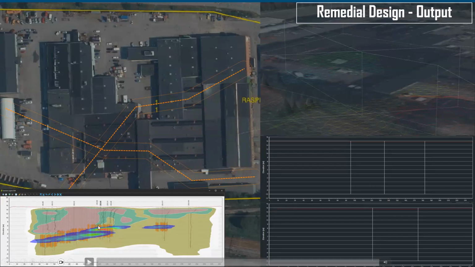And here you can clearly see through the EC data that the groundwater contamination starts at about 10 meters below ground level. You can see the presence of a clay formation deepening from east to west, and the plume following those silts and sands layers that start at a deeper and deeper level as you go towards west. So we are able to work on the lithology data as well.